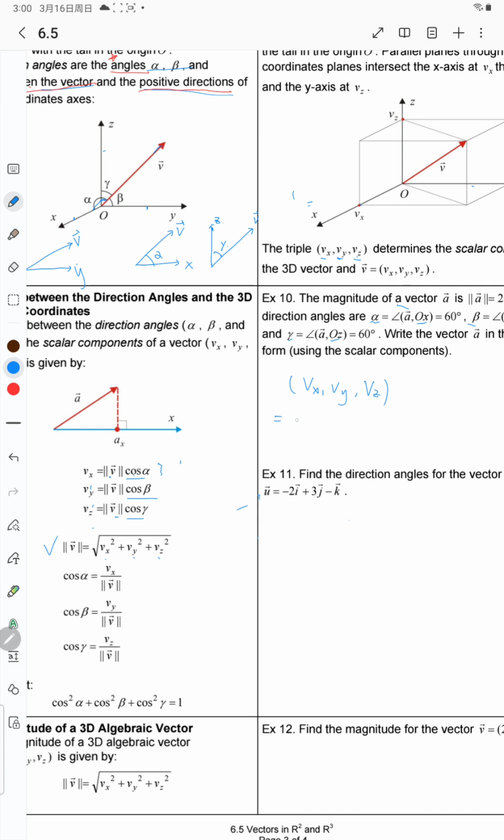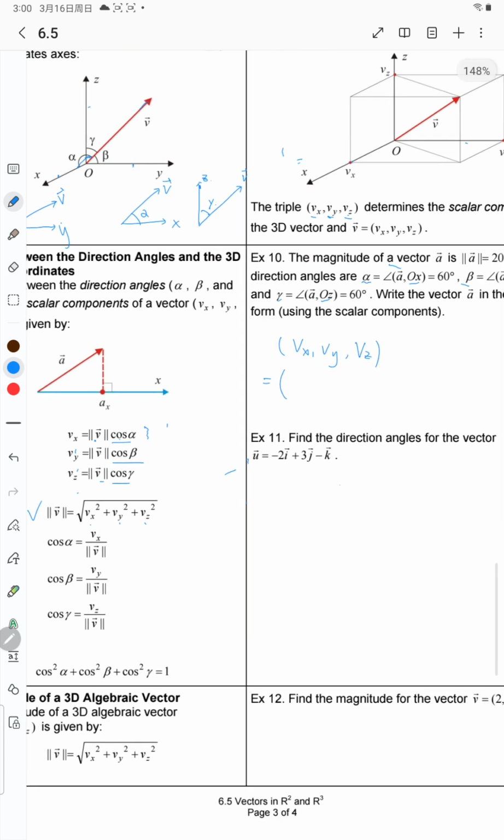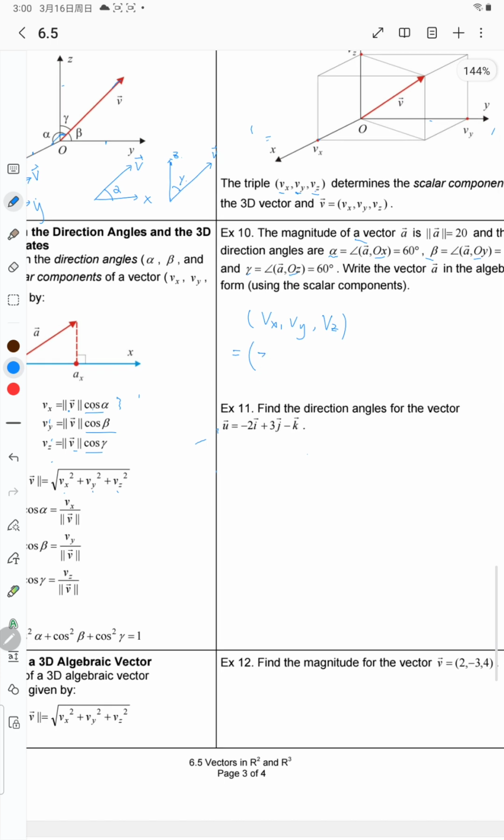So if you agree with me, you wrote it down already, so it's just gonna be 20, which is the norm of a, times cosine alpha, and the norm of a times cosine beta, and we just plug in. Cosine alpha, this is cosine 60, and this a is 20.